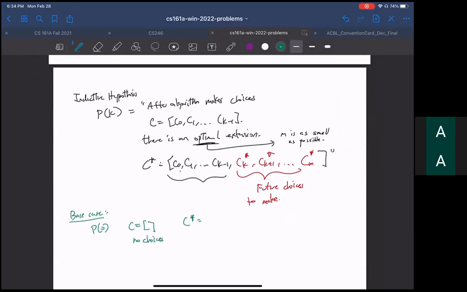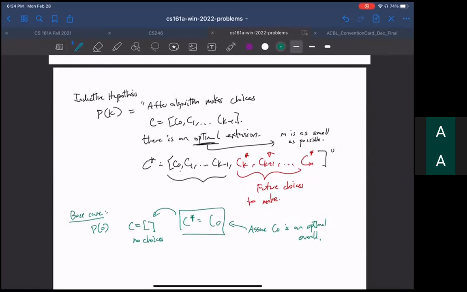We don't really know what the optimal extension is, but if we assume that there is an optimal overall, so let's assume C star is an optimal overall. Then obviously this C star will extend C, because you haven't made any choices.